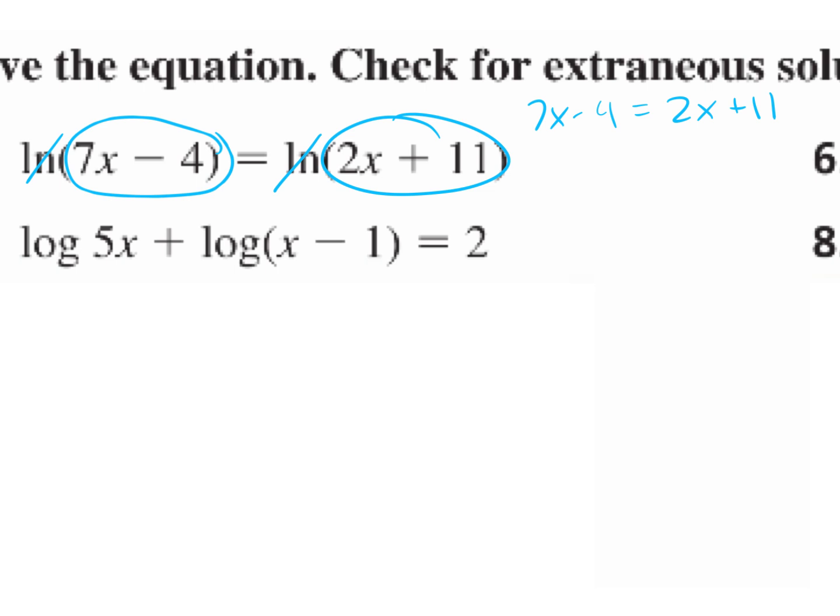What would I need to do first? Subtract 2x, and we can add 4. So 5x is equal to 15. Yep. Then what do I do? Divide by 5, so x is equal to 3.